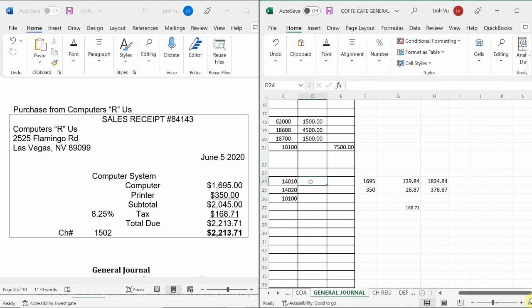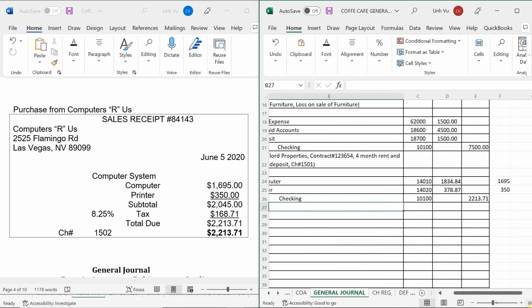So now that I figured out my taxes and distributed them evenly, let's plug in my numbers. I have $1,834.84 for my computer, and I have $378.87 for my printer. And what grand total is that going to give me if I add these two numbers together? My grand total of $2,213.71, which is the exact matching amount that is written on this sales receipt.